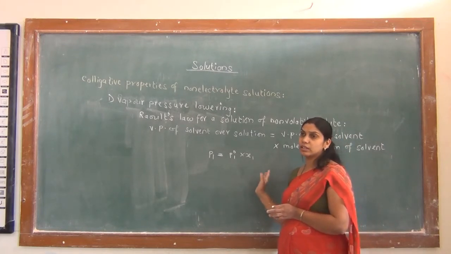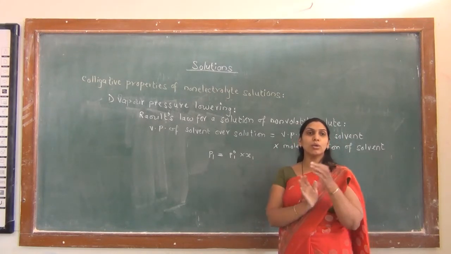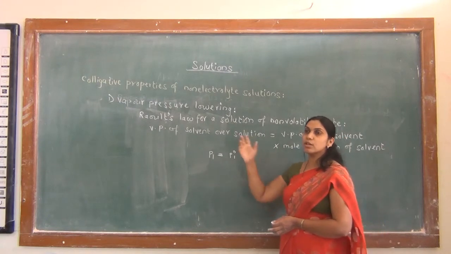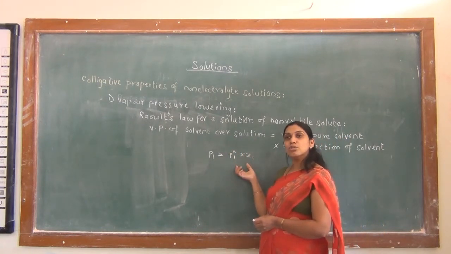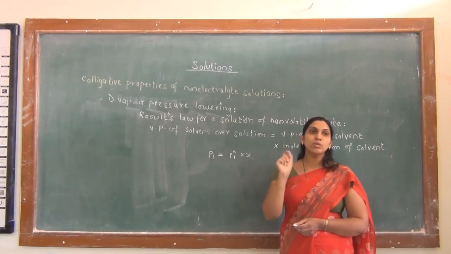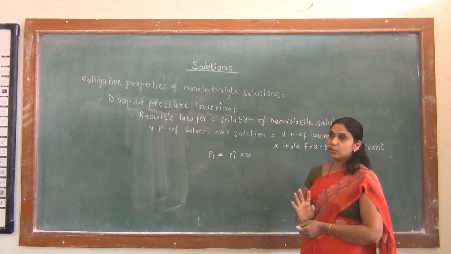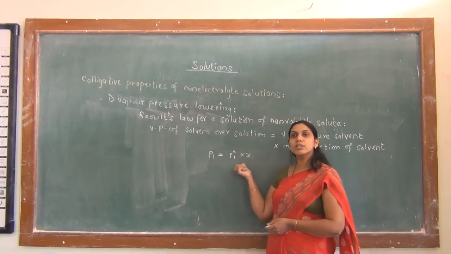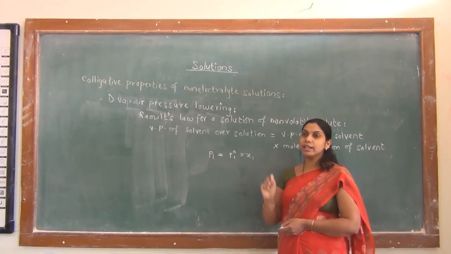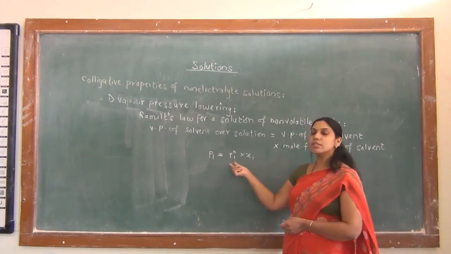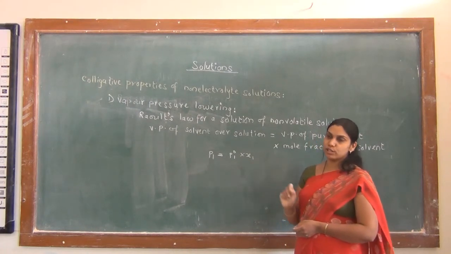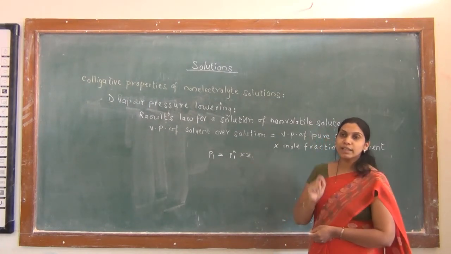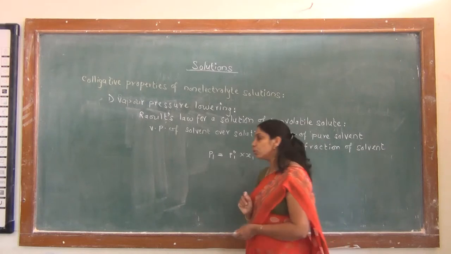Here we will not take into consideration the solute part because this law is applicable only to the solvent, because solvent is the only component that is volatile, solute is non-volatile. So the equation is P1 is equal to P01 x1. But you know that x1 plus x2 is equal to 1.